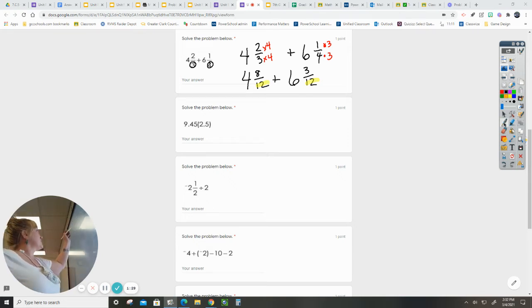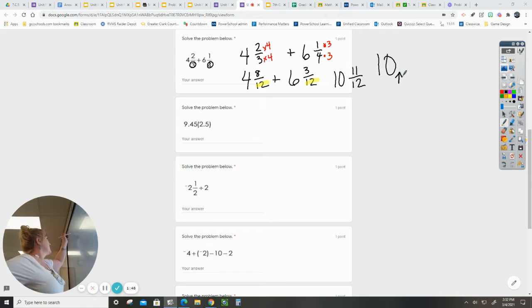Let's see. 8 plus 3 is 11 over 12. Right? Yep. And 10. So I know that the next question will be, Miss Began, how do I type that? You type 10 space 11/12. And that should work.